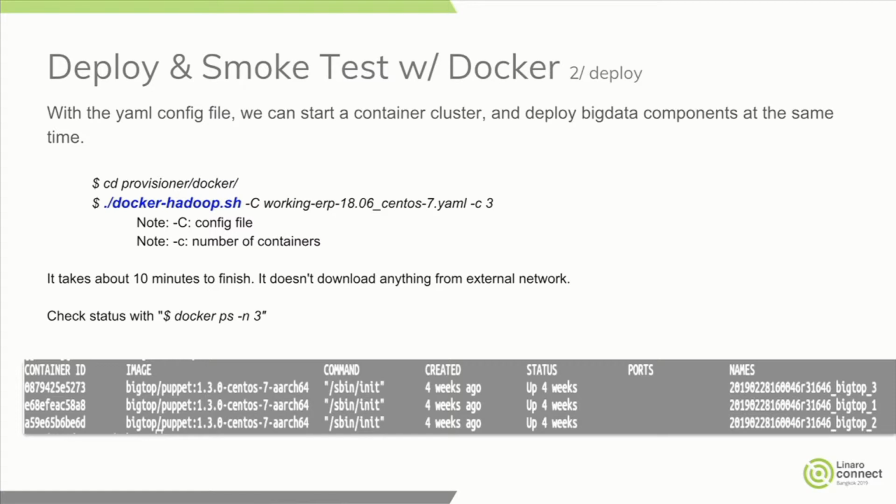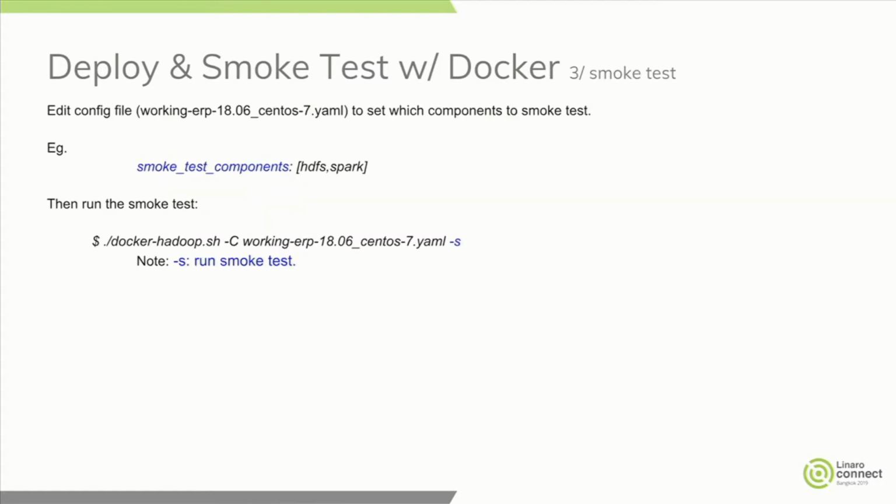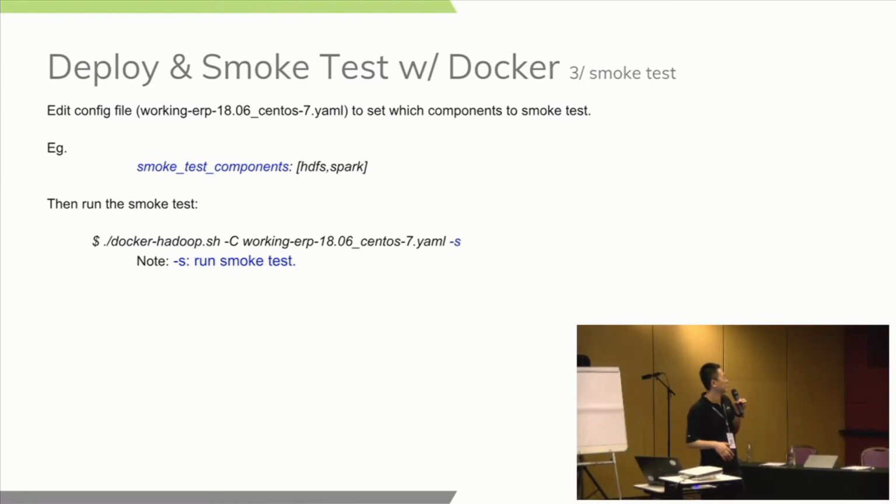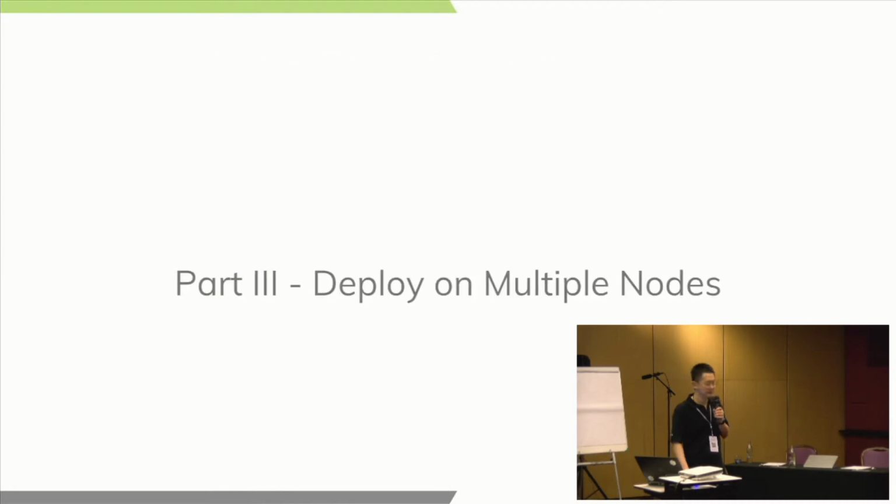You can check that with docker ps. After that, you can use -s to let the system know you want to run the smoke test. You can specify the smoke test components in the YAML file, and it will just run. Okay, so far, that's it.